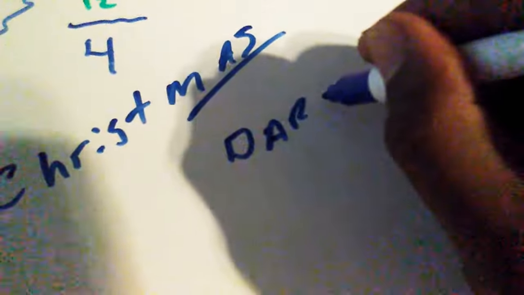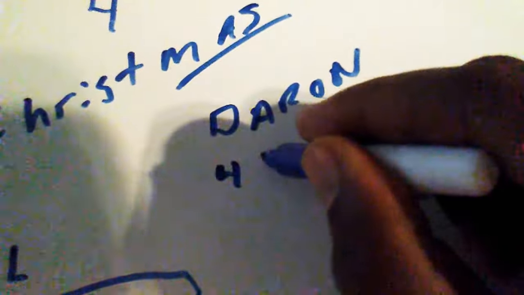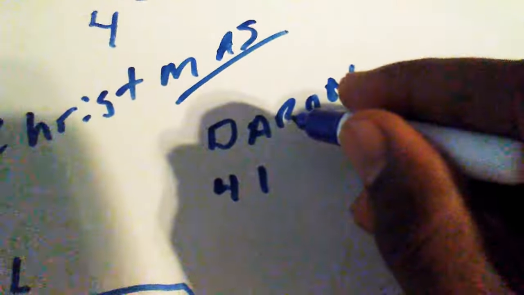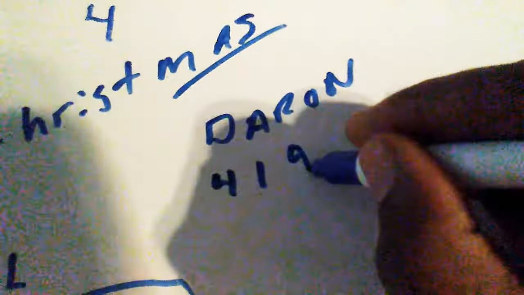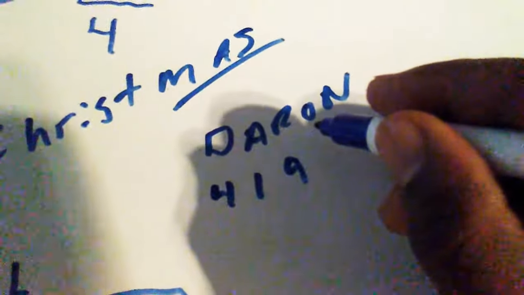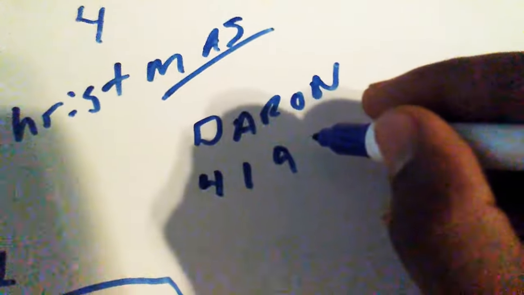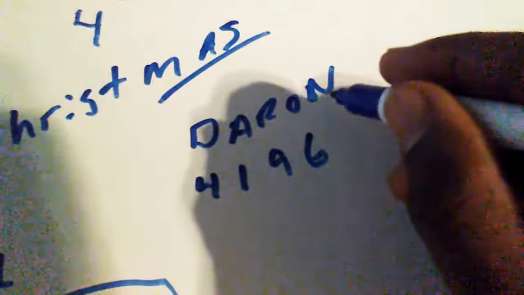My name, Daron, adds up to: the D is 4, the A is 1, the R is 18, that's 9, right? The O is 15, and 1 plus 5 is 6.